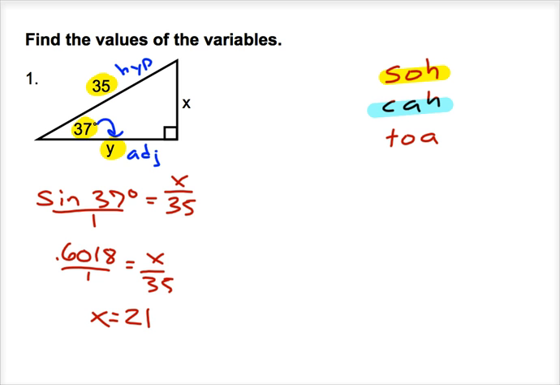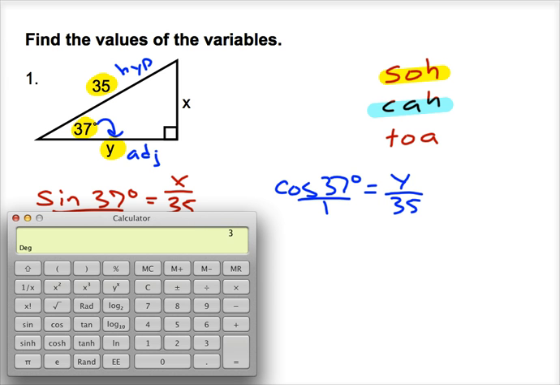So I set up the problem, the cosine of 37 equals the adjacent value y over the hypotenuse 35. And I'm going to cross multiply again. Now I'm looking for the cosine of 37 degrees, and the cosine of 37 is going to be 0.7986.